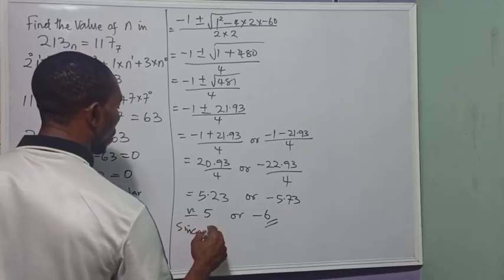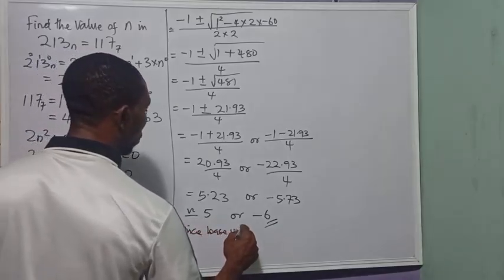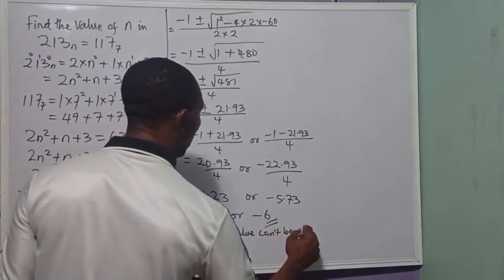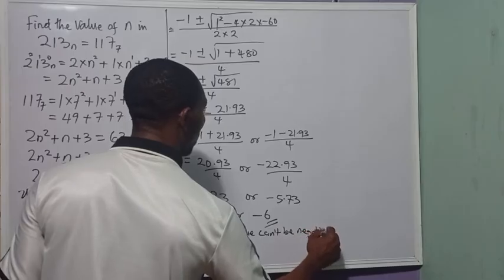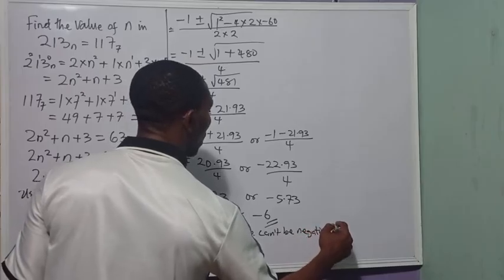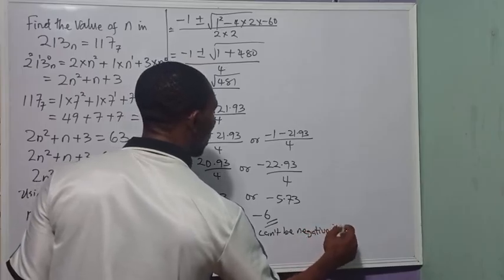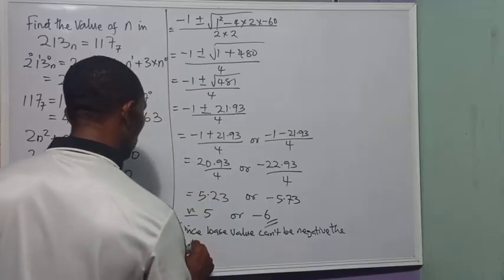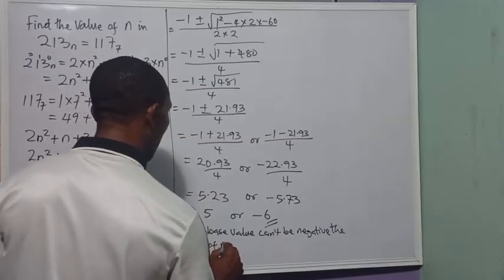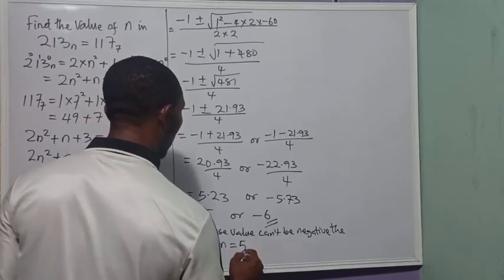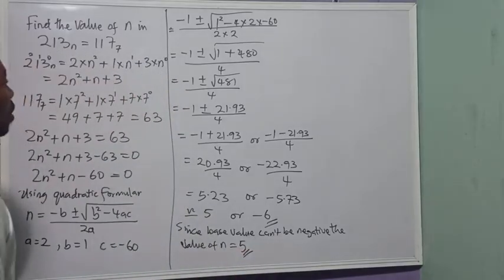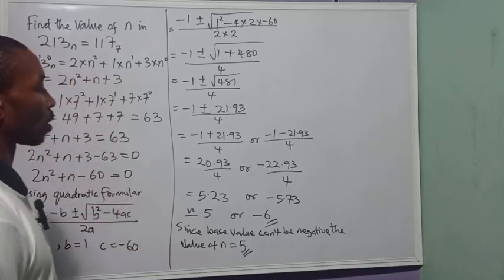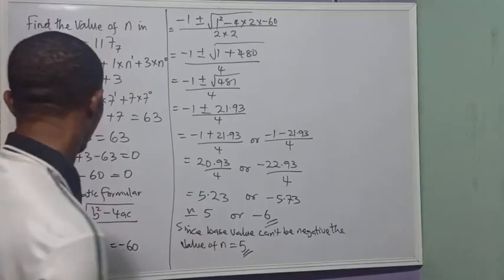Since the base value can't be negative, the value of n equals 5. So since n can't be negative, the value of n would be approximately 5.